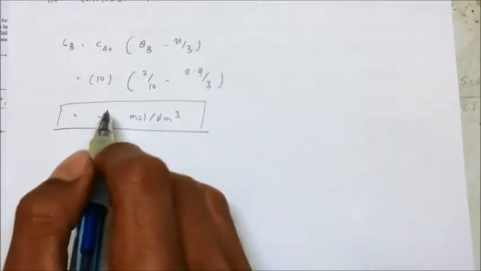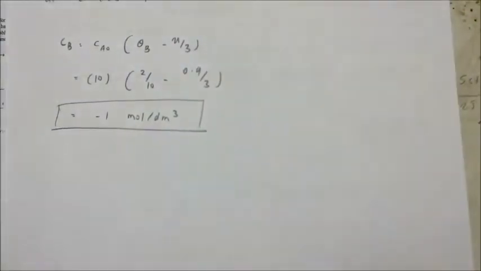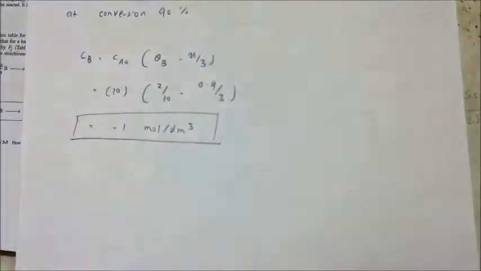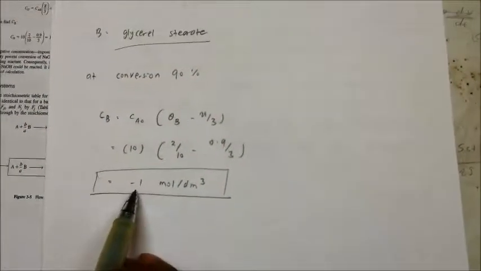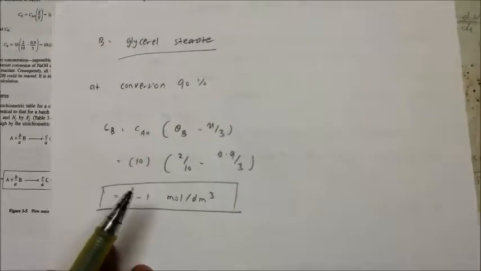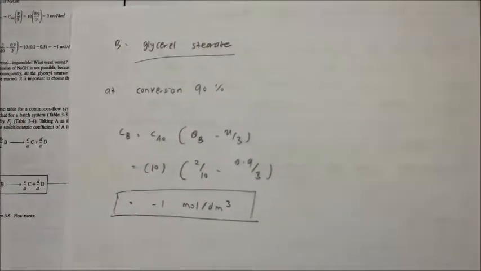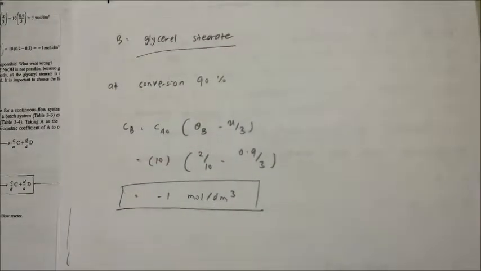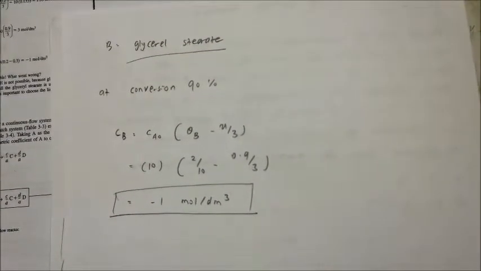This negative 1 shows that in this reaction, glycerol stearate is the limiting reactant because it gives the value of negative 1. So basically, this is how to detect the limiting reactant in a reaction. Thank you.